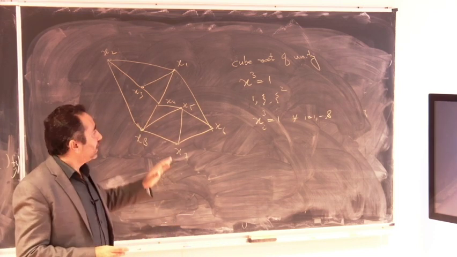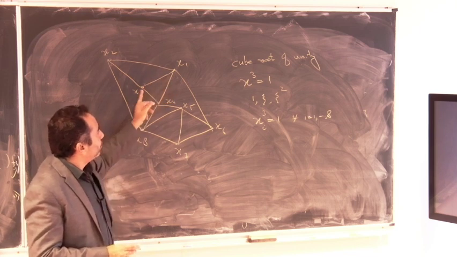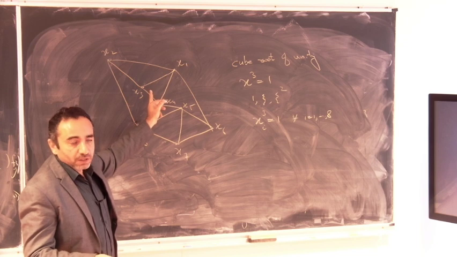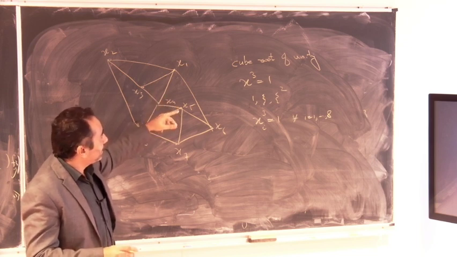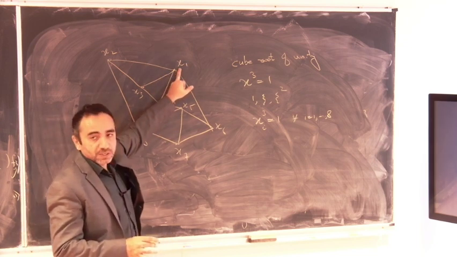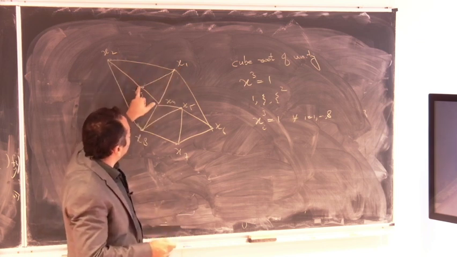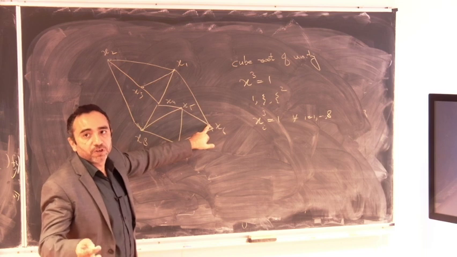But what is our condition? Our condition is that if two vertices are adjacent, they should have different colors. It is equivalent to saying that if x1 is given some root, then its adjacent vertices should have a different root.